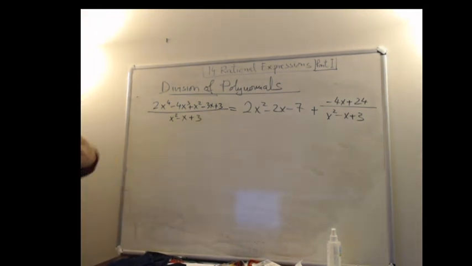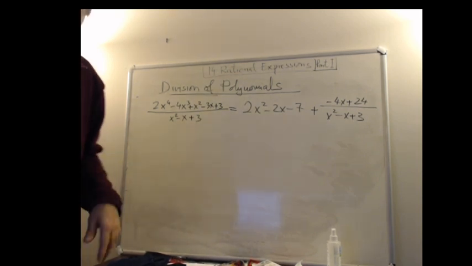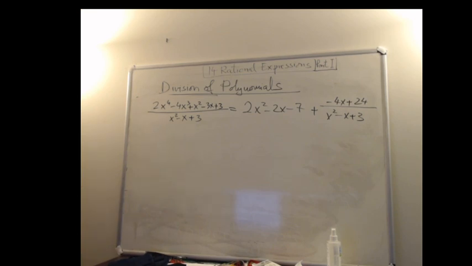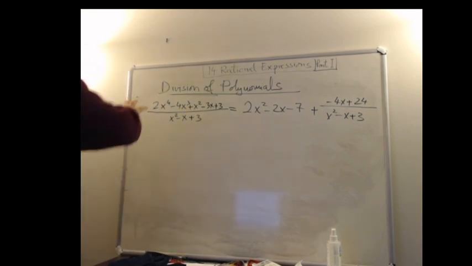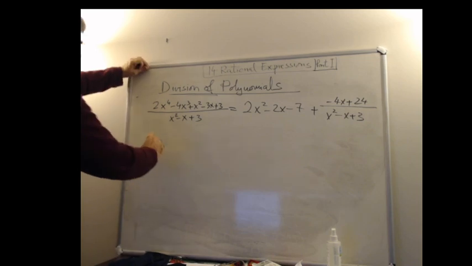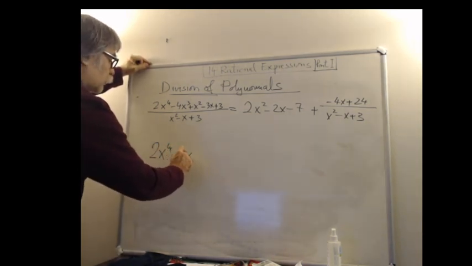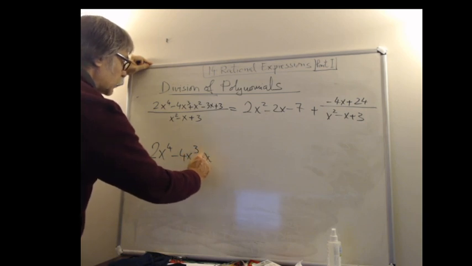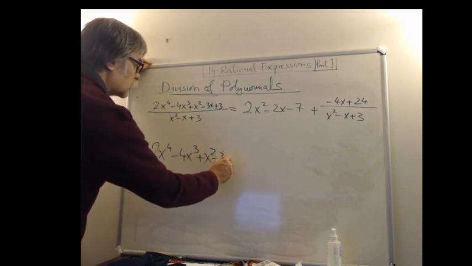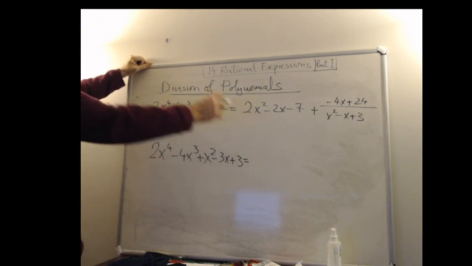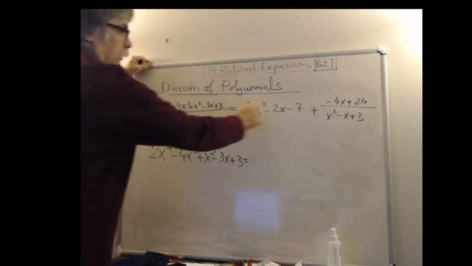It's going to be some big number. I don't know what it is, but I know it's going to be equal. By the way, it matches my paper. I'm just looking at it, so I know it's right. Okay. Anyway, if you multiply with the denominator, then you're going to get multiplicative format. 2x to the power of 4 minus 4x cubed plus x squared minus 3x plus 3 is equal to this guy times this guy.